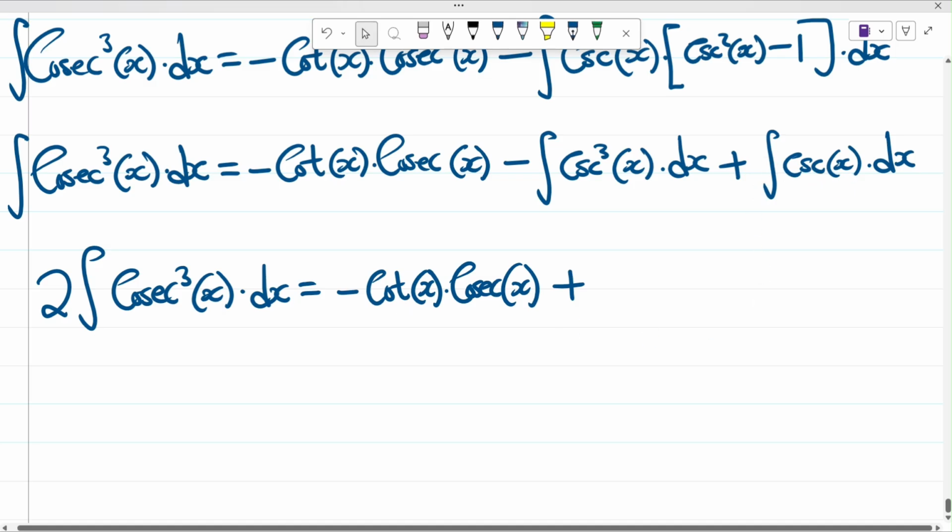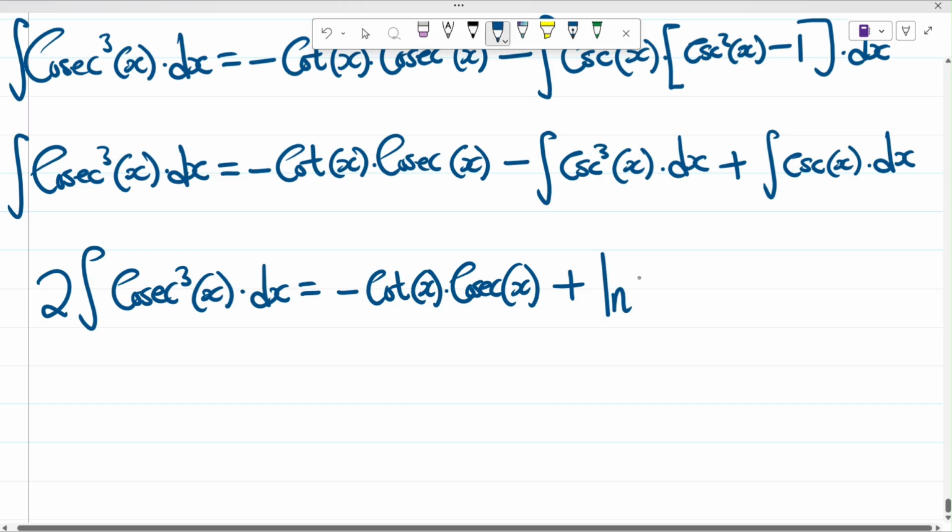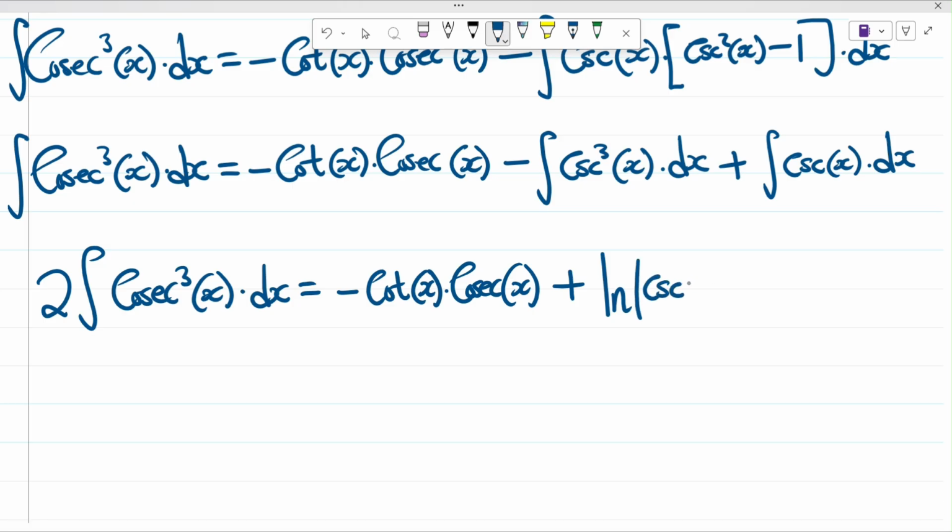I know that this is equivalent to ln. So if you have memorized the formulas, then definitely it's going to be easier for you. So this is going to be ln of cosec of x minus cot of x, and then you close, and then from there you divide by 2 on both sides.